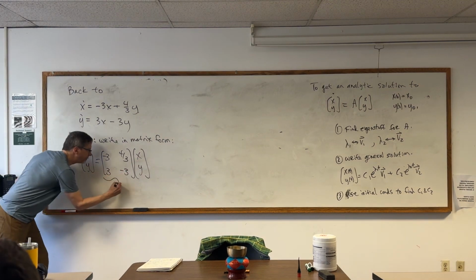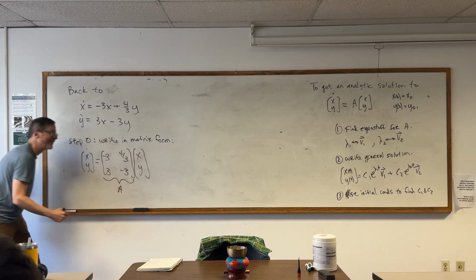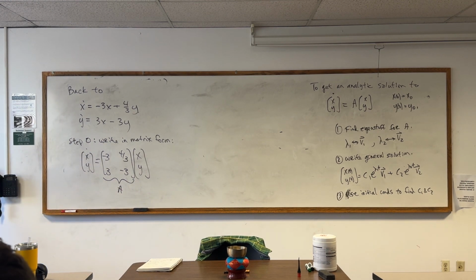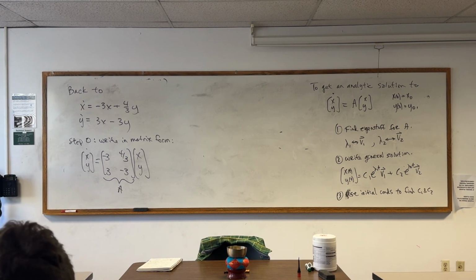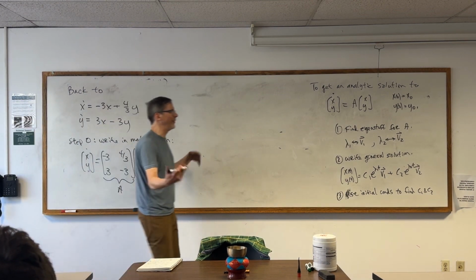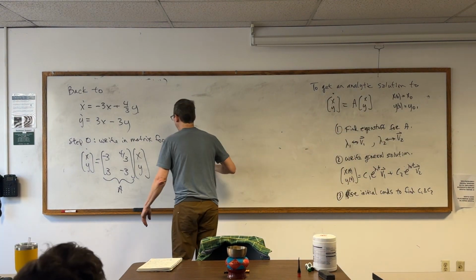This is A. Here's your chance to see how much you remember. Please find the eigenvalues of A. And then, of course, do the vectors, whatever else you can summon up.